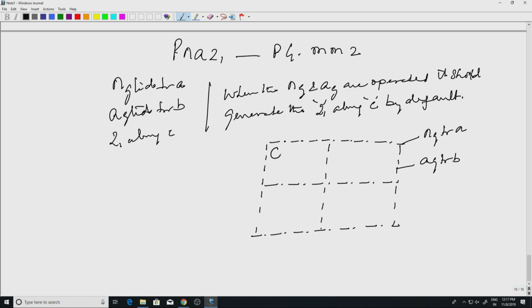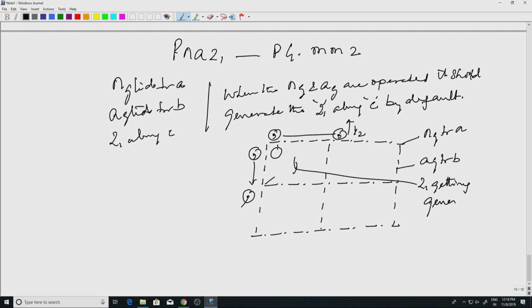Okay, so when you operate, it gets reflected here, it moves here, it moves in the c-axis by half unit. This one gets reflected here, it moves here, it comes here. Now we can see the 2-1 is getting generated here, at a plus b by 4.